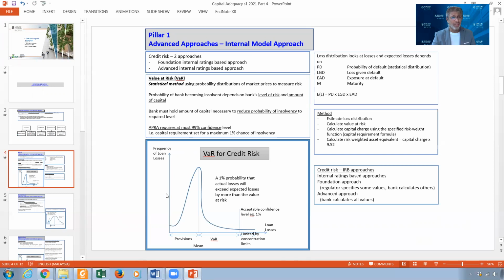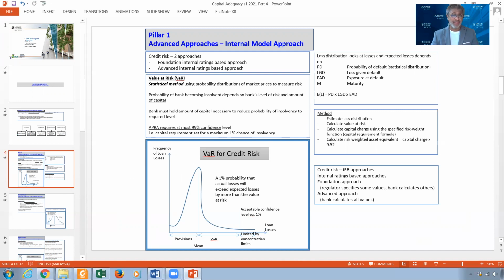So this model will allow you to calculate the VaR. The VaR is the capital required or the capital charge that you have to transfer to risk-weighted assets by multiplying by 9.52.